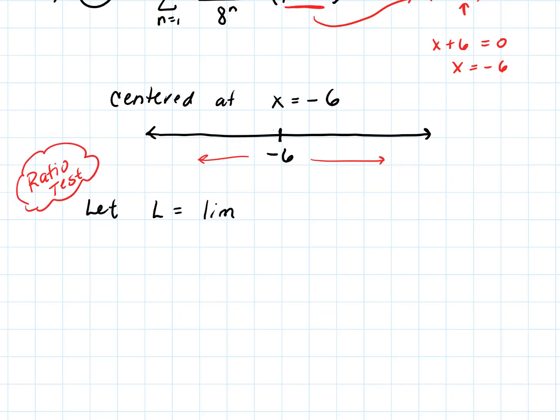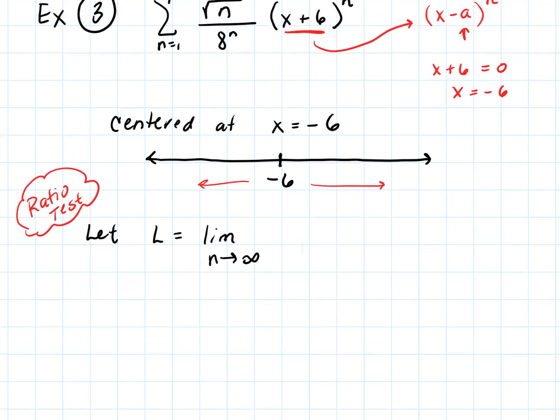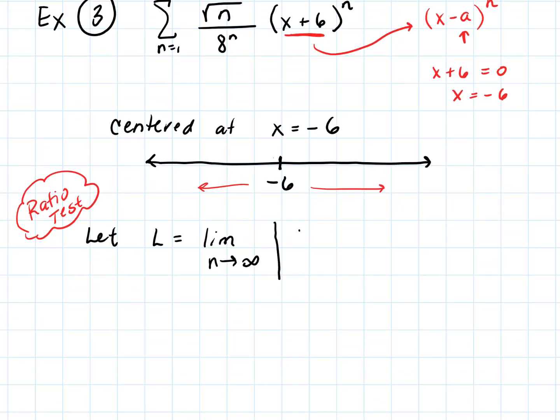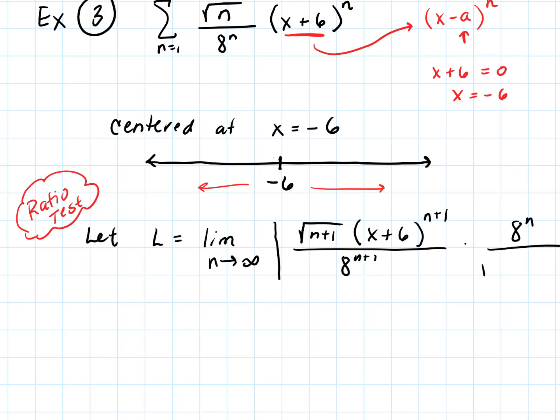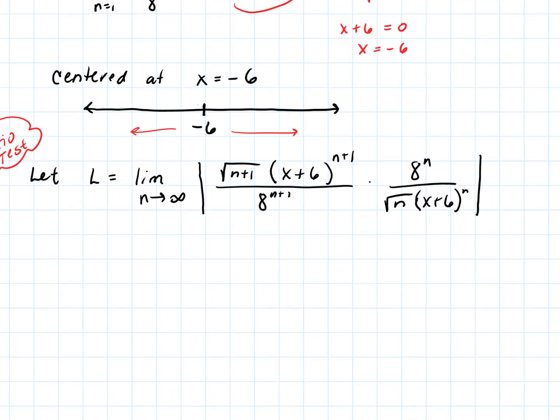Utilizing the ratio test here, limit as n approaches infinity of the square root of n plus 1 times x plus 6 to the n plus 1 over 8 to the n plus 1 times 8 to the n over the square root of n times x plus 6 to the nth power. All of that in absolute value.